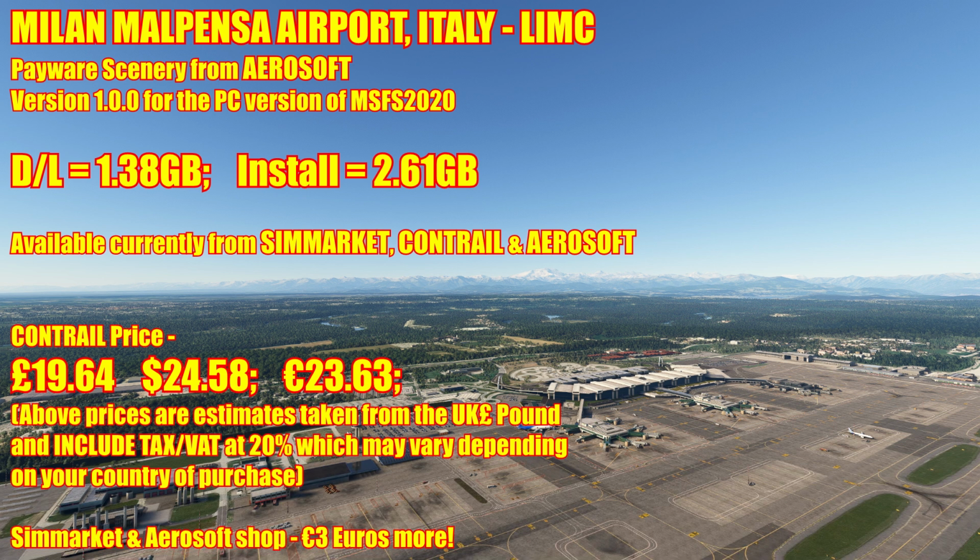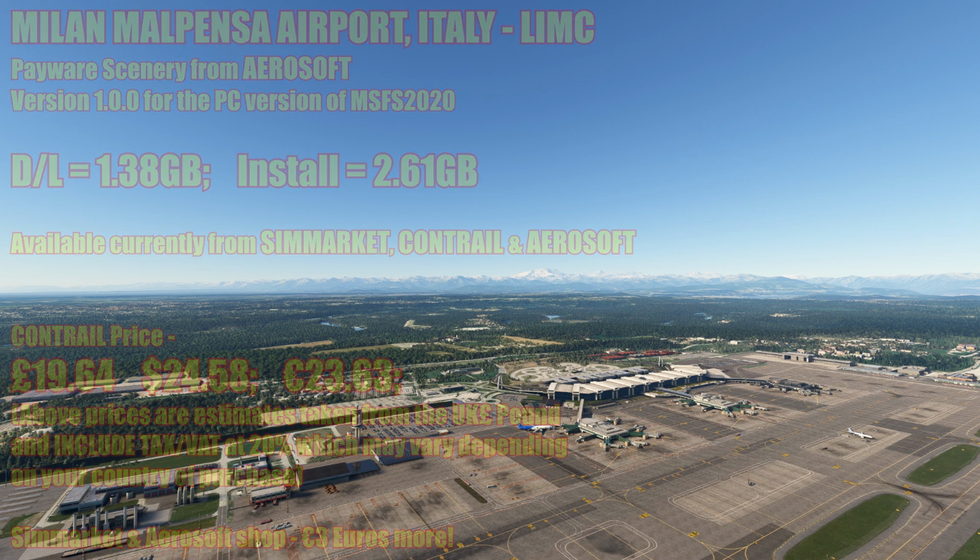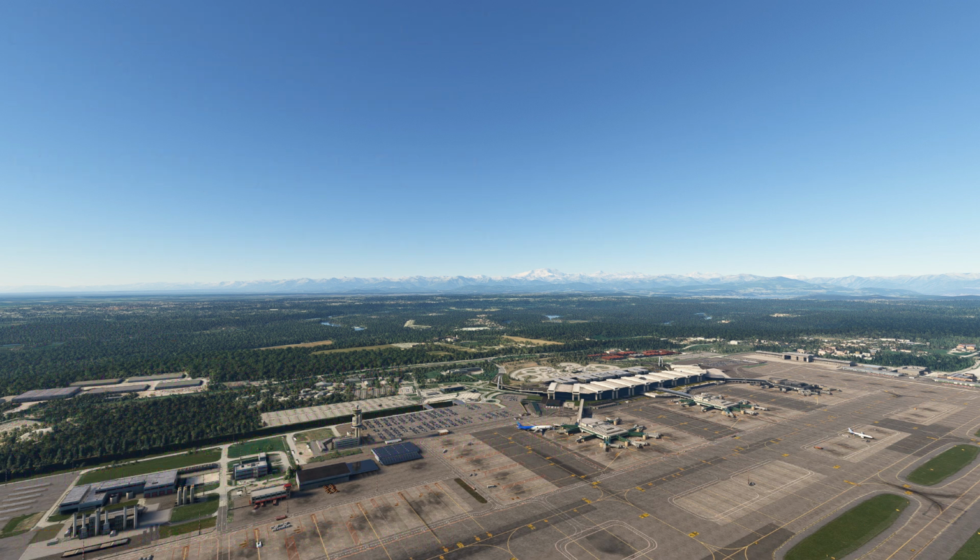Those prices are estimates taken from the UK pound, and they include tax or VAT at 20%, which of course could vary depending on which country you're in when you buy it. As I said, Simmarket and Aerosoft Shop, it's available there. It's about €3 more. So let's have a look at features.